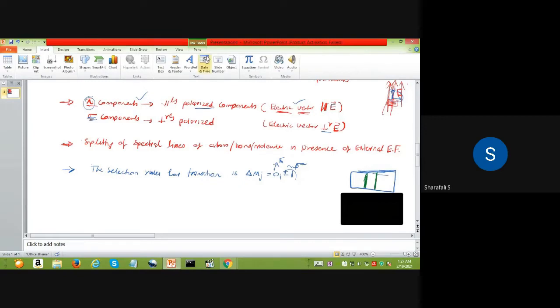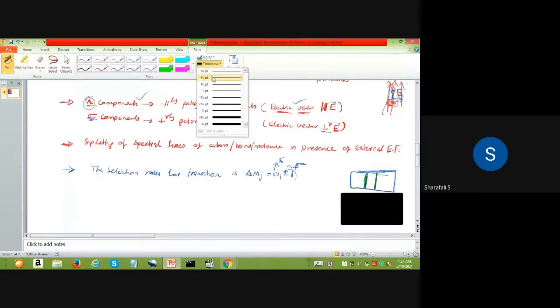So in some cases, this is your wall, and you will be getting your spectra like this, green color like this.